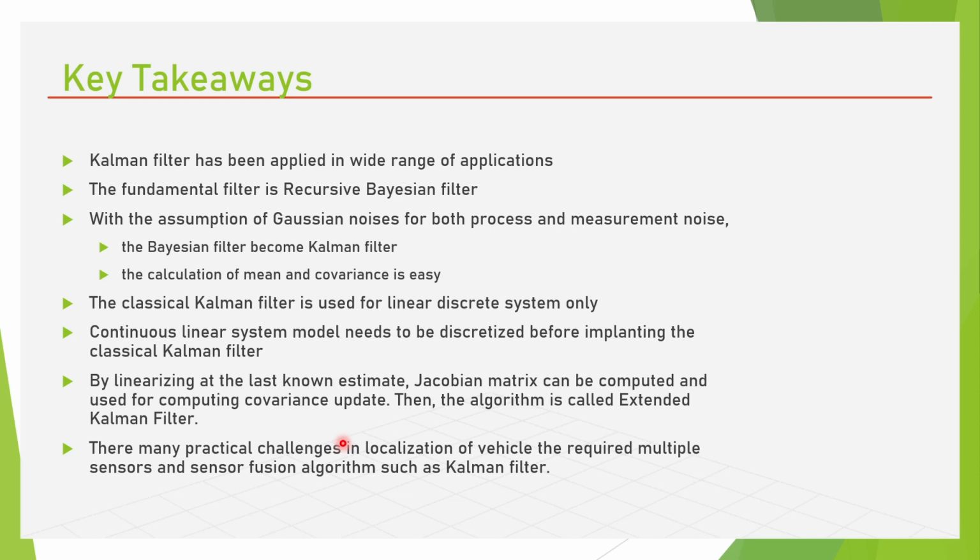And for CubeSats, small satellites, we need to use a small IMU, inertial measurement unit, and this small sensor has a lot of noise. So the hardware is worse, and then we need a better algorithm.